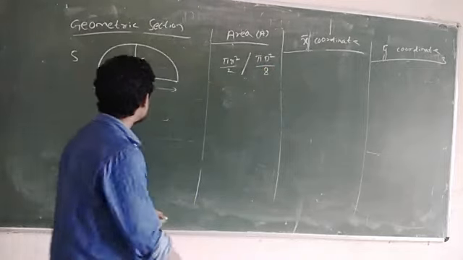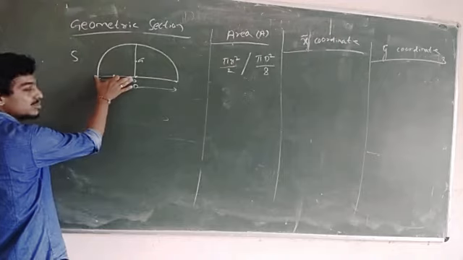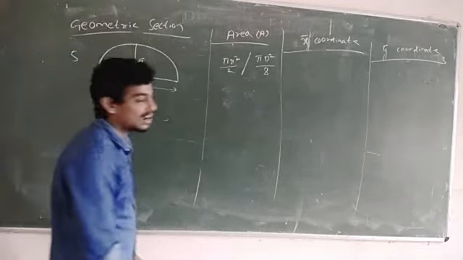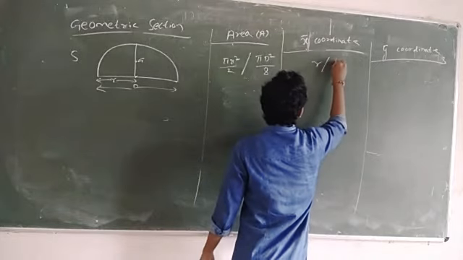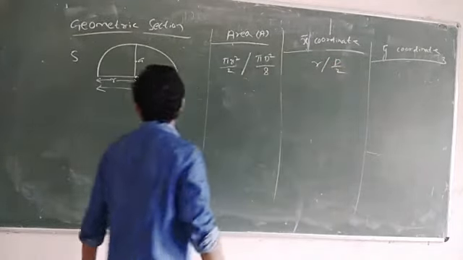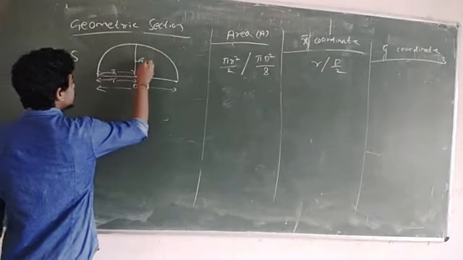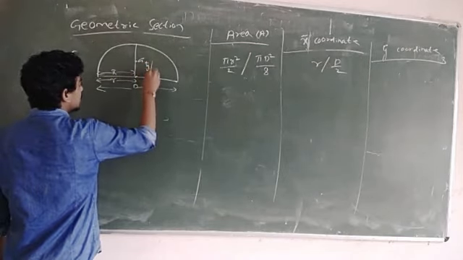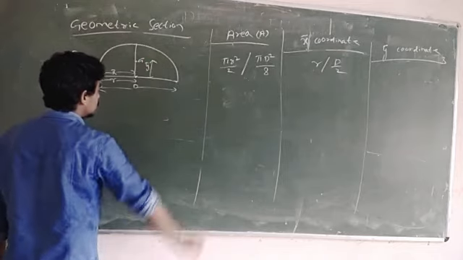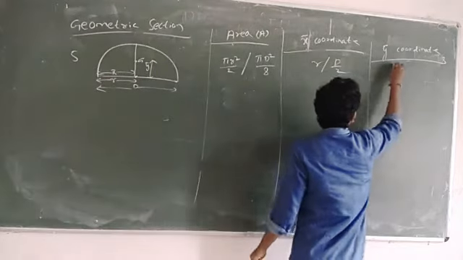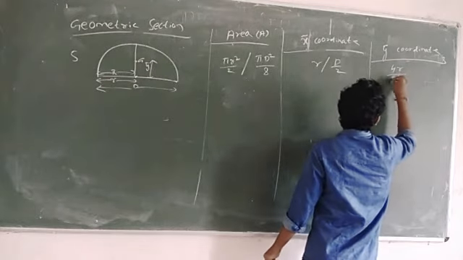Next, we have to calculate the x coordinate. This will be the x coordinate. This is a symmetrical section, so it will be r or d by 2. This will be x bar, and this will be your y bar. So you have to remember y bar, that will be 4r by 3 pi.